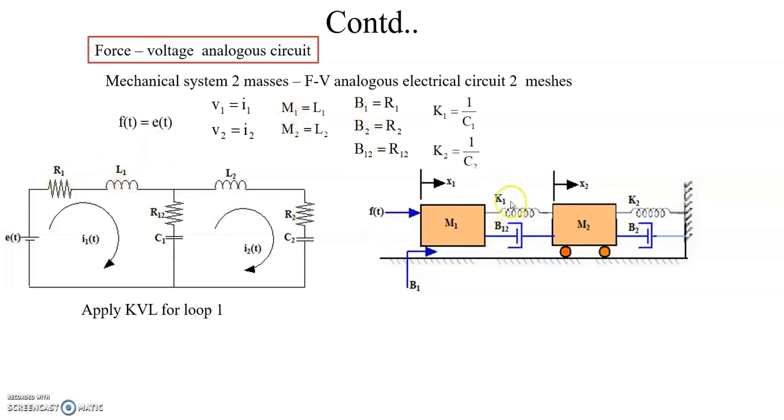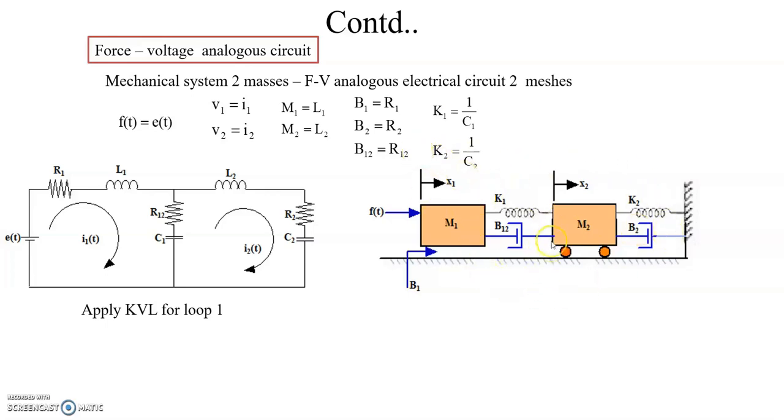The elements K1 and B12 are common between the two nodes, that is the M1 and M2 masses. The elements K1, B12, K2, and B2 are connected to the second node. So corresponding M2 is L2, B12 is again R12, K1 is 1 by C1, K2 is 1 by C2, B2 is R2.